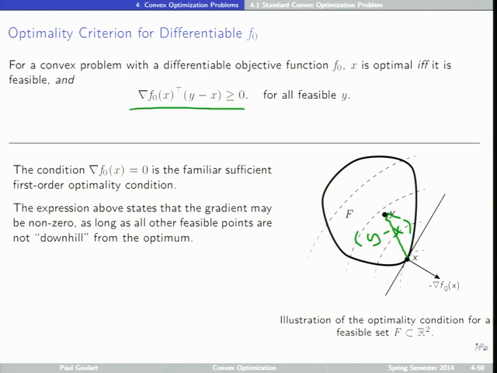So if I look at all the other points that I could go to, every other feasible y, and I conclude that every one of those points is uphill or going with the gradient, then I conclude that I must be at an optimal point. So this is just one way to check if you have an optimal solution, or if you like, a geometric characterization of what an optimal solution should look like. And of course, it has to be a differentiable function for that to work.